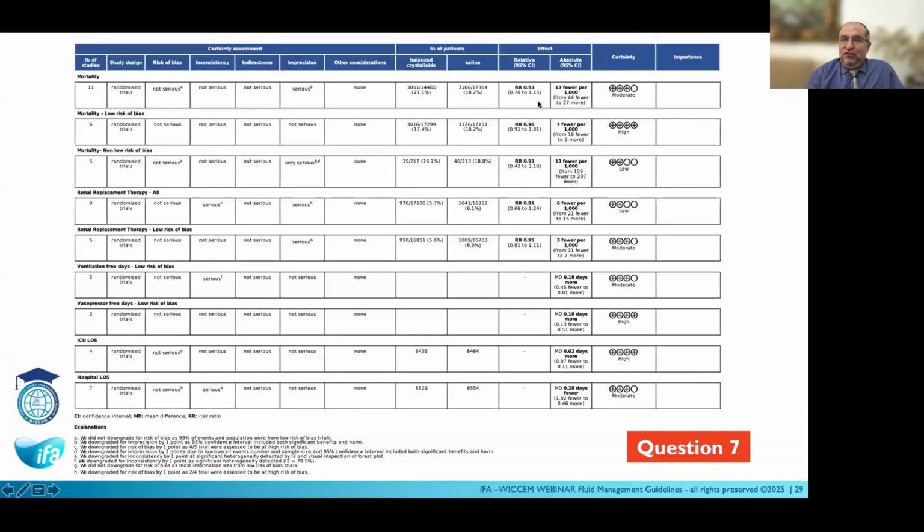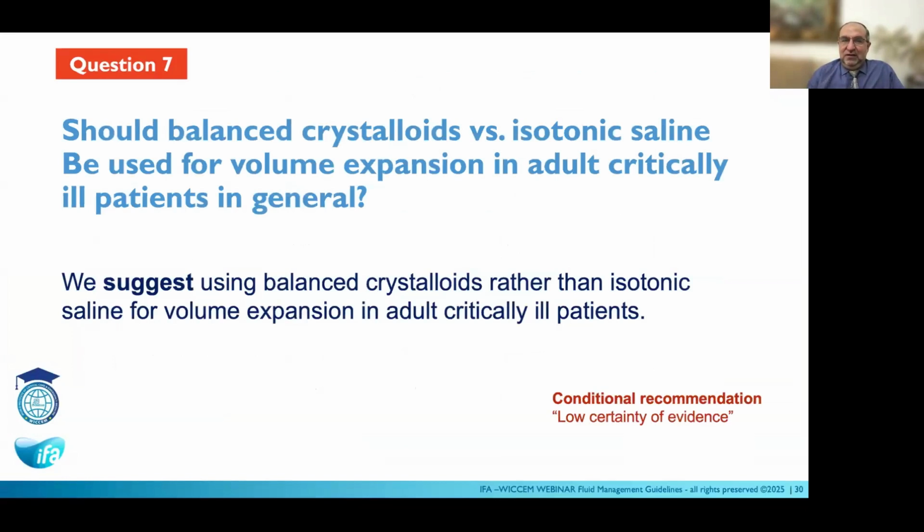This is the evidence profile, generally favoring the balanced fluids in mortality and in renal replacement therapy, both in the same direction and a consistent finding. Based on this, we suggested using balanced crystalloids rather than isotonic saline for volume expansion in adult critically ill patients.